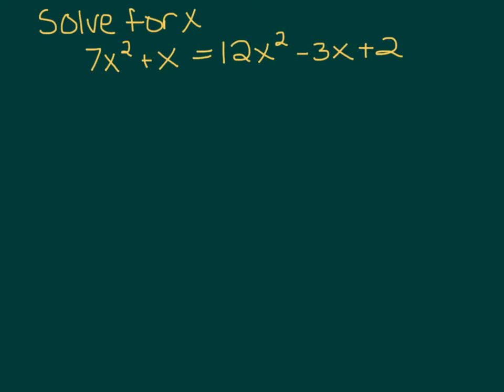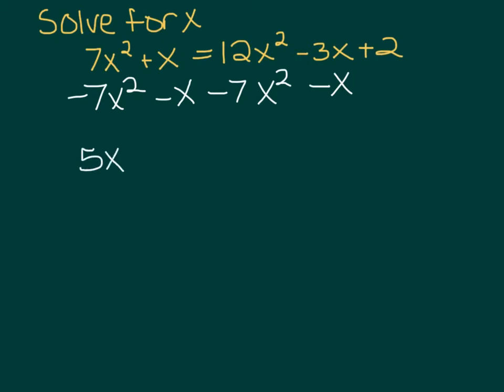Alright, so let's try one. Here's a quadratic. It says solve for x. The first thing you always have to do when you're solving a quadratic is set it equal to 0. So that means I need to combine like terms and get this equal to 0. So we'll take away 7x squared from both sides, and we'll take away x from both sides, and I've got 12 minus 7 is 5x squared.